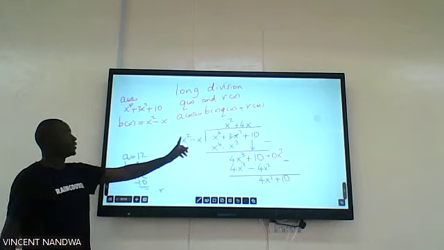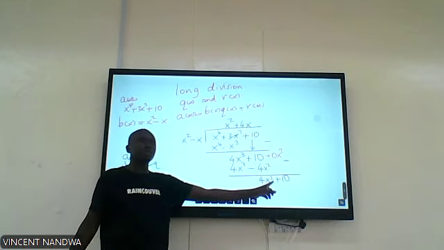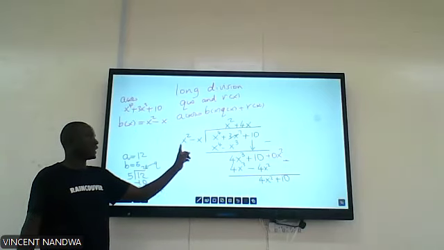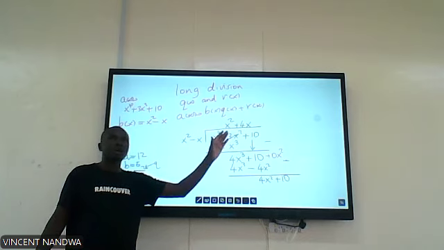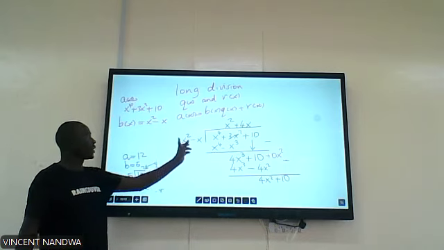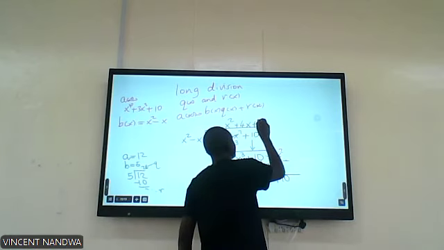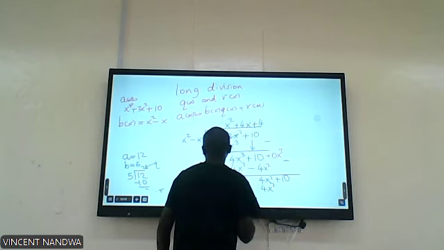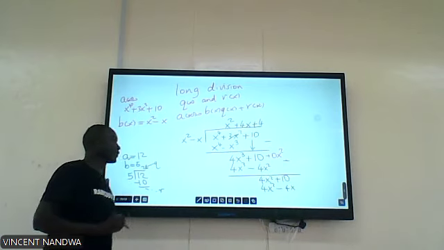So what is the degree of the new remainder? 2. Is this strictly less than the divisor's degree? So they are the same. So you have to repeat the same process. So what should we multiply by x squared to get 4x squared? 4. So plus 4. So I'll have 4x squared and then minus 4x.